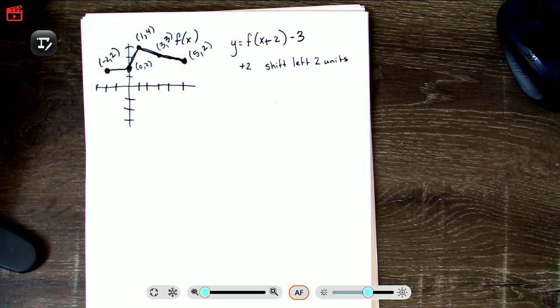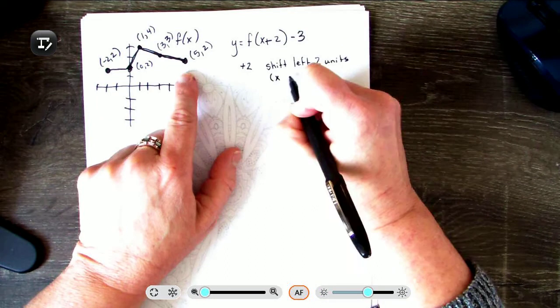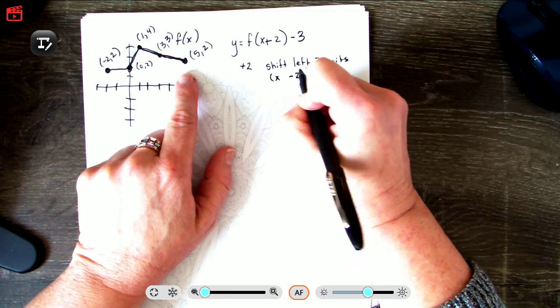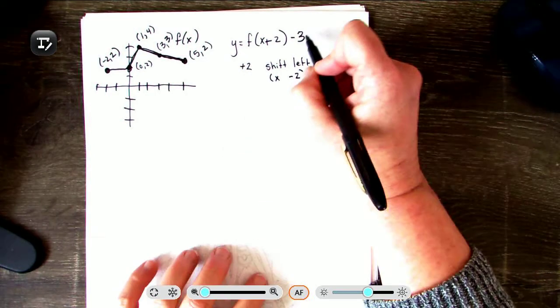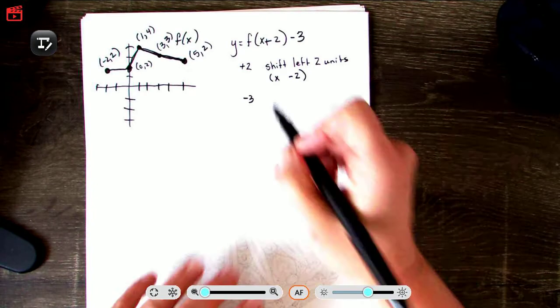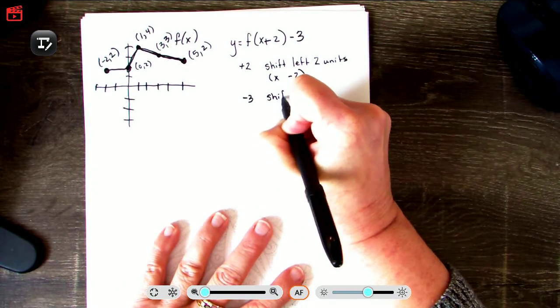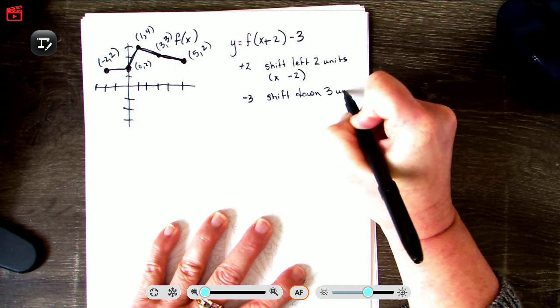Okay? Or you can think about these x values. We're going to take those x values and subtract 2 from them to get a new x value. This minus 3 is going to then take those values, and we're going to shift down 3 units.